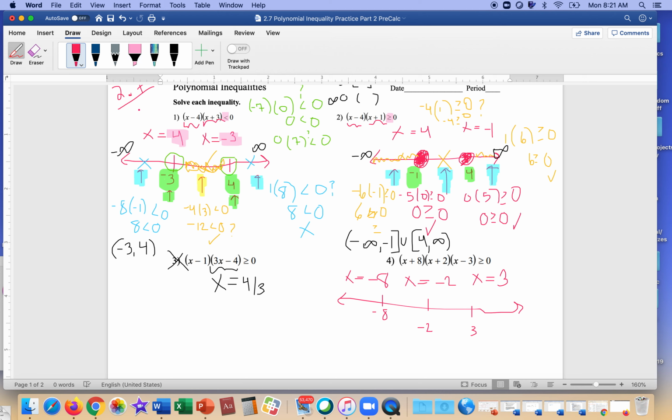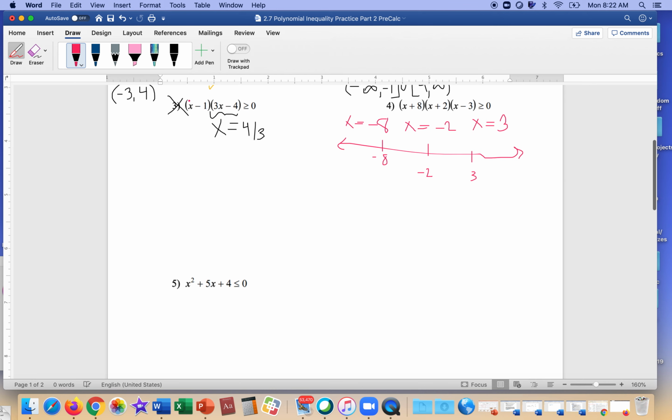If the inequality symbol is like this or like this, it's just going to be open circles on those values. Notice over here, for number 2, the critical values 4 and -1, they're actually going to be closed circles, which they were, because of the inequality symbol. So that saves you a little time. When you have the or equal to, you know on the critical values it's going to be closed circle.